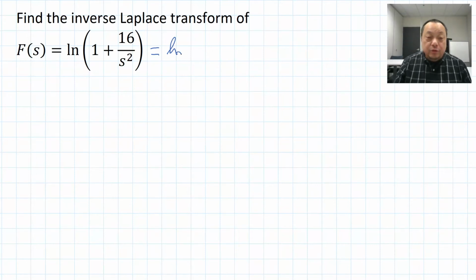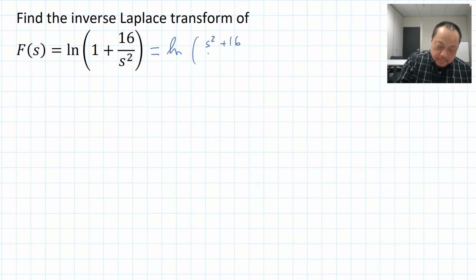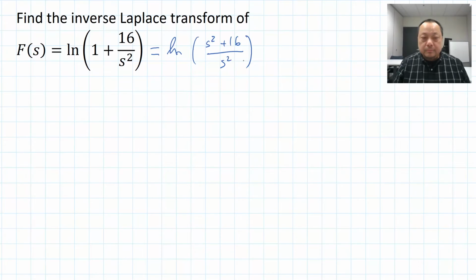So right here, I can do the common denominator of the inside. I get s squared plus 16 in the numerator, s squared in the denominator. And now since it's the logarithm of a division, I can break it into a subtraction of logarithms.